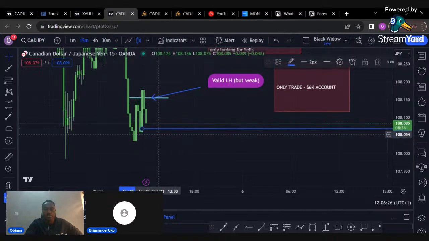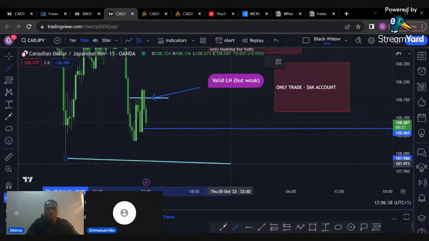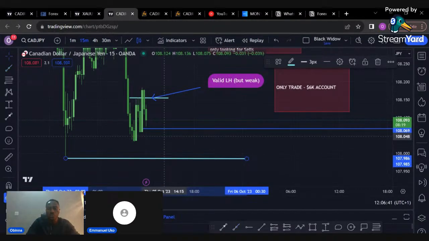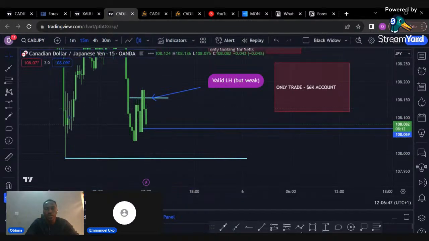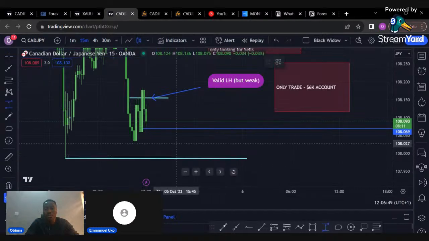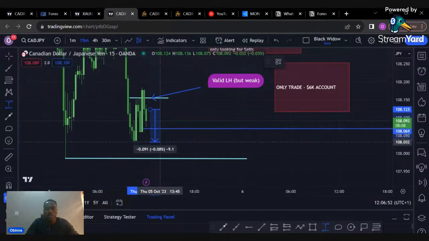This is CAD JPY. So this small move here, we want to see if it's going to at least take us to this point. But the overall decision is just look for sales for the meantime. So if you took the trade from here, okay, I need my mouse. This thing I'm doing without my mouse is annoying.